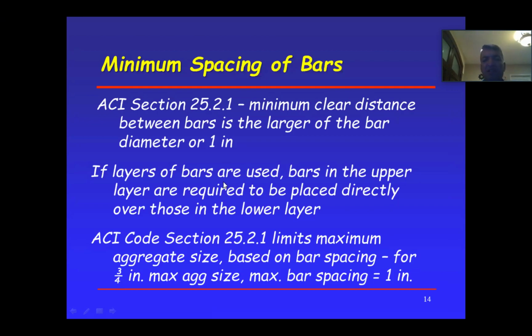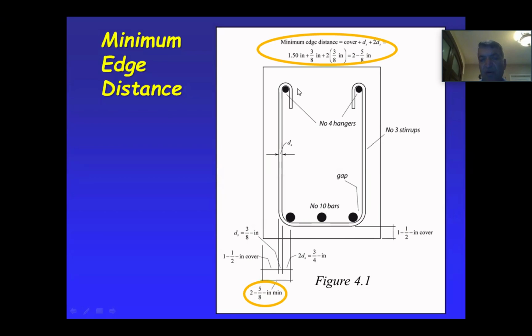If layers of bars are used, bars in the upper layer are required to be placed directly over the lower layer. We can. It's definitely acceptable. You don't do it too much time, but you do. If you're gonna need 2 layers, then you put the second layer, line it up with the first one.